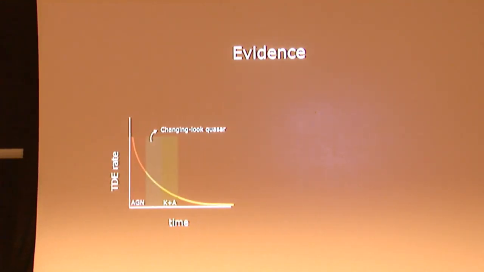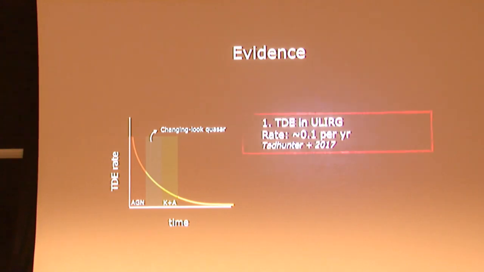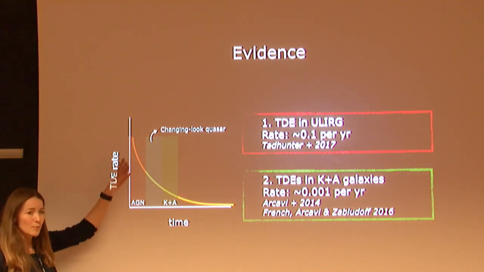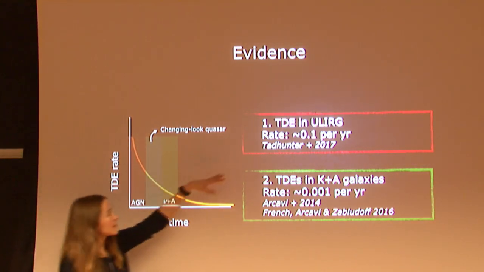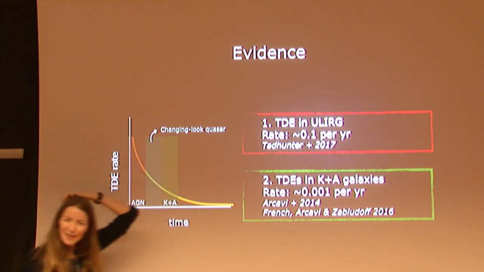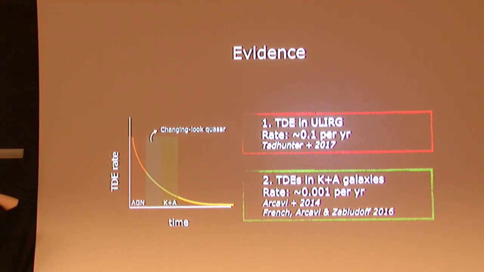And the evidence for this, it's really, really early days in tidal disruption events right now. But what kind of supports my made-up cartoon is that there is a controversial claim that we've seen a tidal disruption event candidate in an E+A galaxy, a very recently merged galaxy.